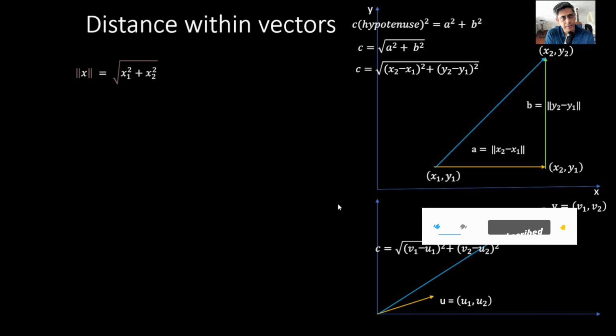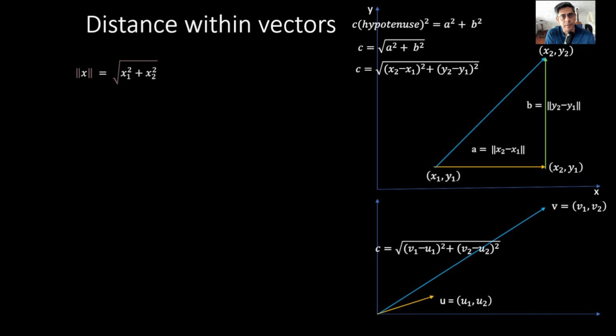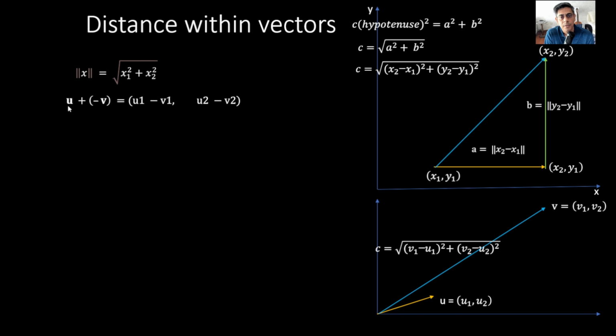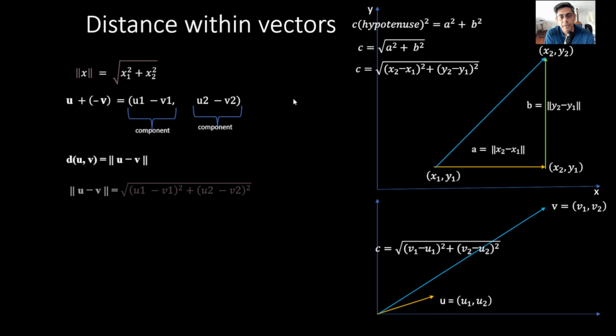It can also be intuitively understood from our previous subtraction formula, which we got as this, and we know that their components were like this. We also know how to calculate the norm of a vector. So if we consider u minus v as one vector, the distance is nothing but the norm, the length of the vector u minus v, which will be component 1 raised to the power 2 plus component 2 raised to the power 2.